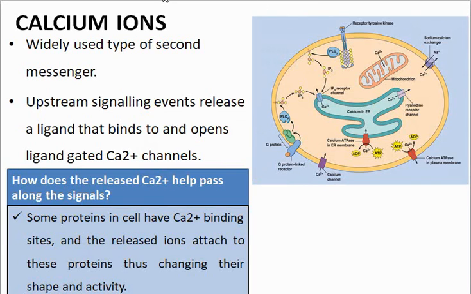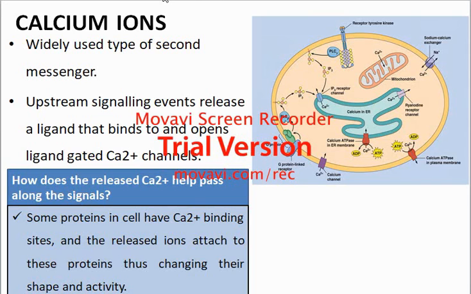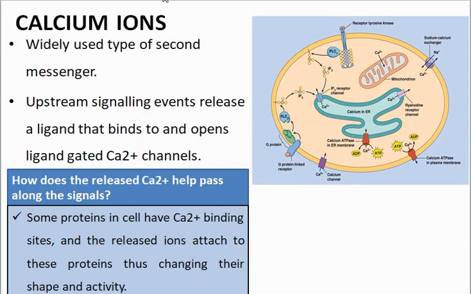Calcium ions are a widely used type of second messenger. In most cells, the concentration of Ca2+ in the cytosol is very low, as ion pumps in the plasma membrane continually work to remove it. For signaling purposes, Ca2+ may be stored in compartments such as the endoplasmic reticulum.